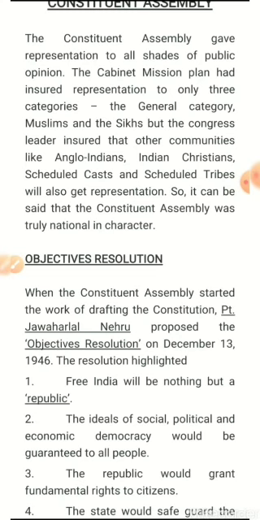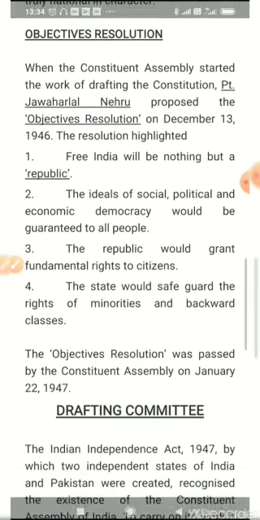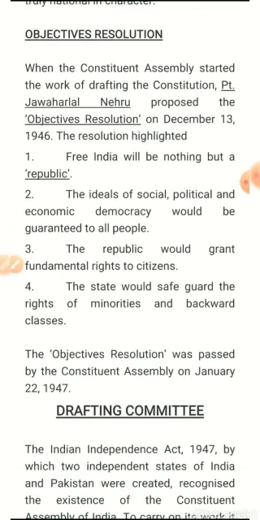Now, next topic is objective resolution. When the Constituent Assembly started the work of drafting the Constitution, Pandit Jawaharlal Nehru proposed the objective resolution on December 13, 1946. The resolution highlights the objectives and laid down the national goals. What were these goals? First one is Free India will be nothing but a republic, which I explained you earlier.